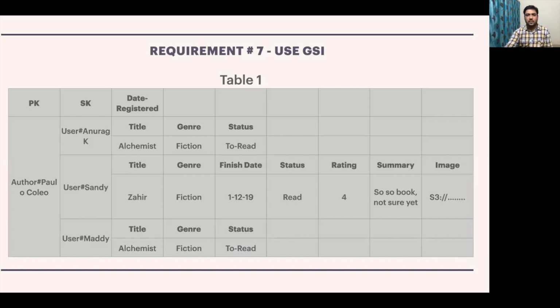With the implementation of GSI, you see that the author hash is Paulo Coelho, and the secondary index is indexed on the user hash, and in the sort key, when we put the user, all the data of the respective user is populated on the right.